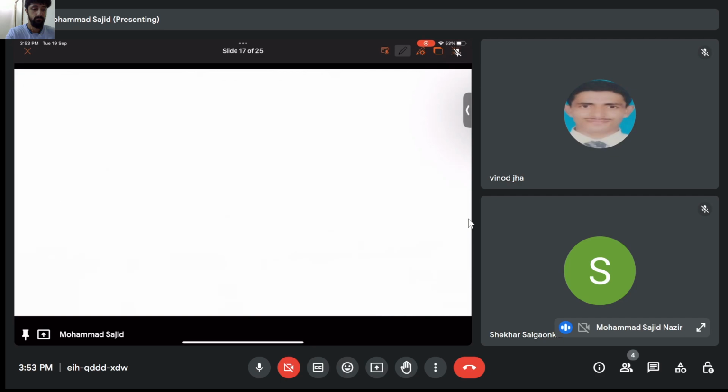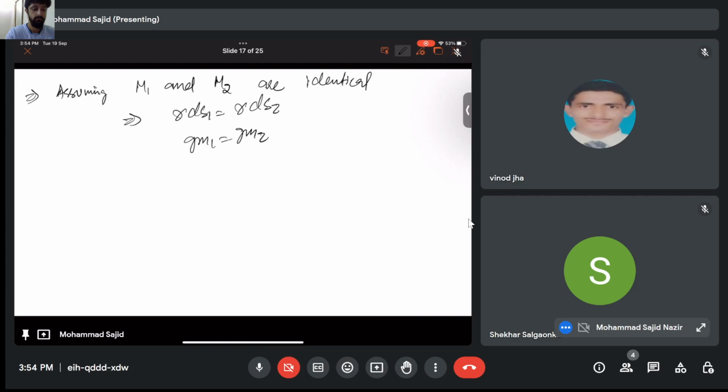Now assuming again that M1 and M2 are identical, that means RDS1 is equivalent to RDS2 and GM1 is equivalent to GM2.